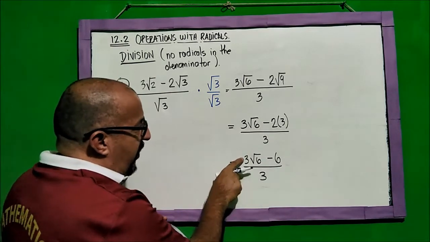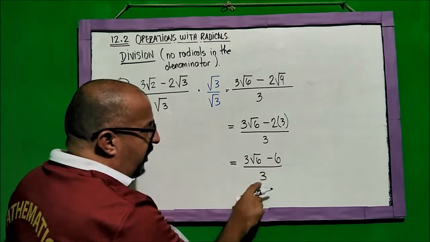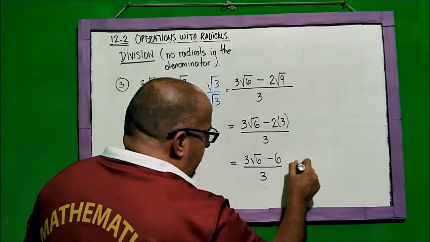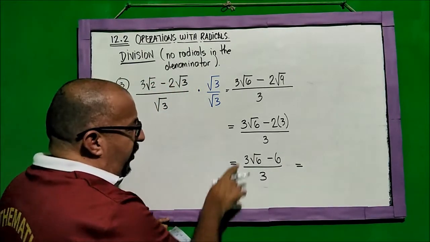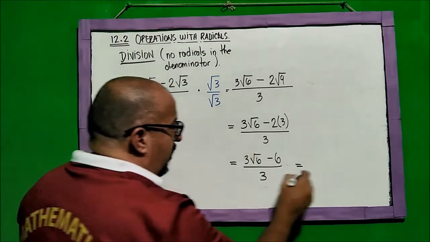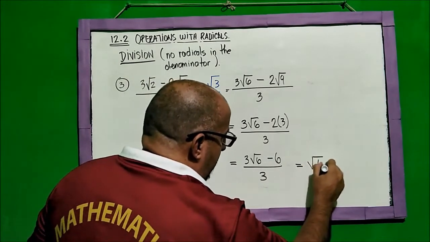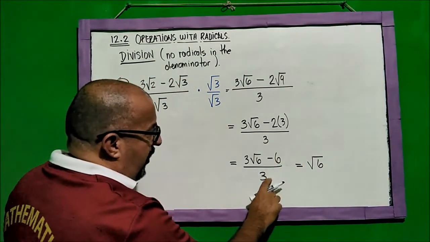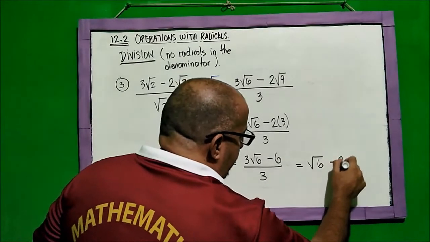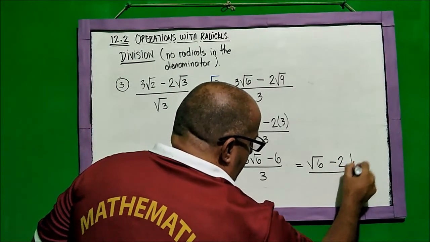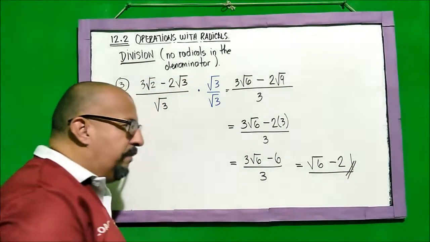So that means I can divide this expression by 3, and I can divide 6 by 3 also. Finally, the answer will be 3 divided by 3 will be 1. That means the square root of 6. And negative 6 divided by 3 will give me negative 2, giving me the final answer of the expression in simplest radical form.